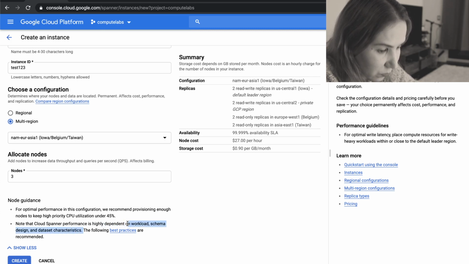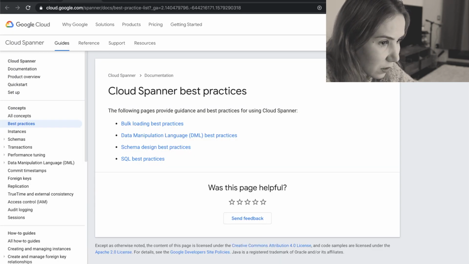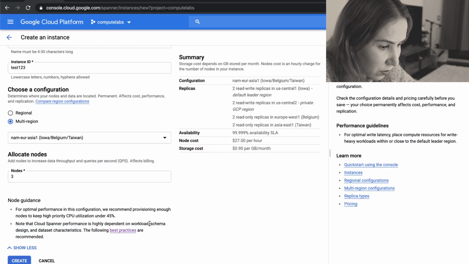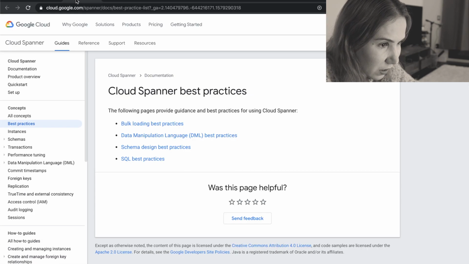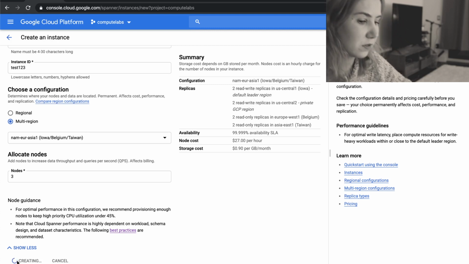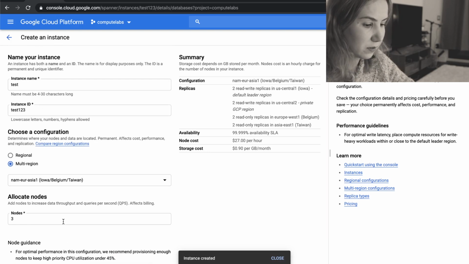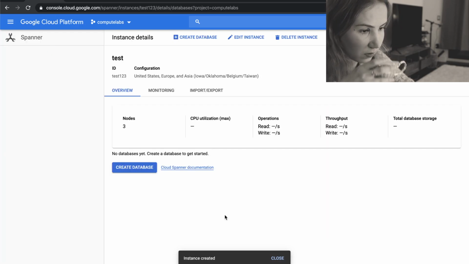We're publishing some best practices, but we will do some more work in terms of releasing introspection tools, so it's not a huge black box, because it's just hard to understand what is going on. When you press create, it just creates the instance.